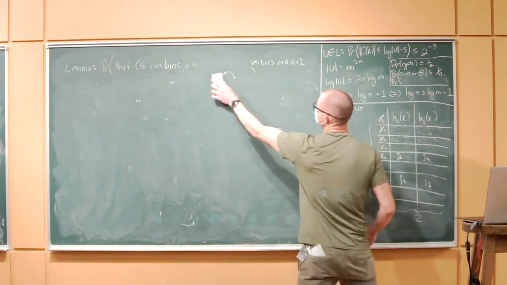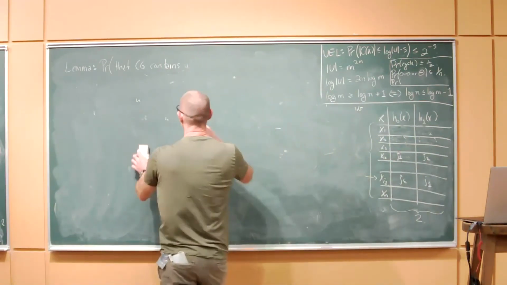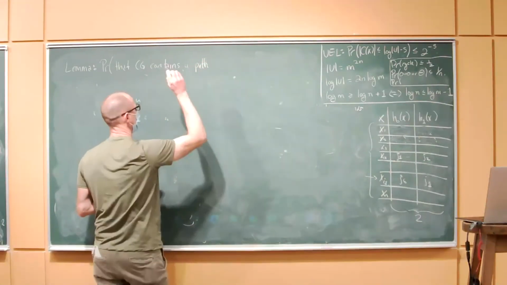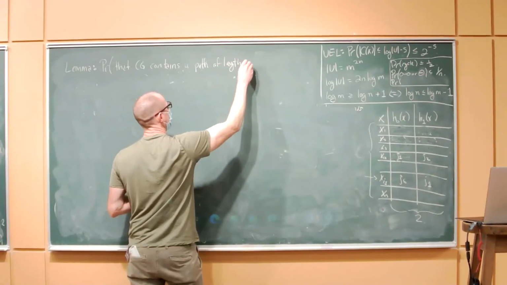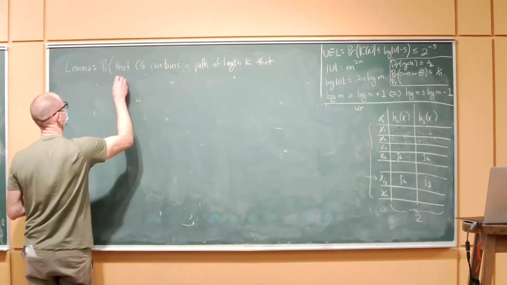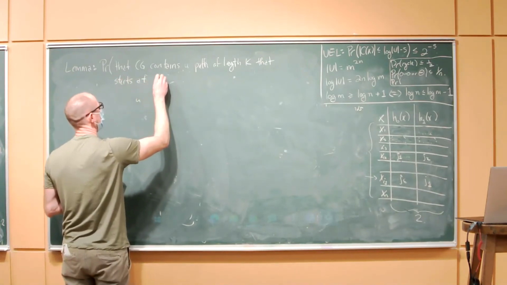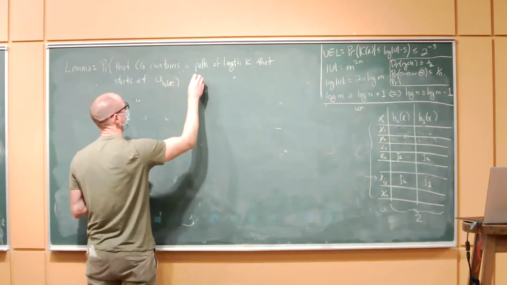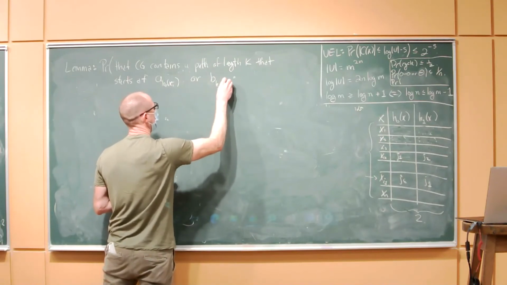I'm going to fix some value of i and ask about the probability that the Cuckoo graph contains a path of length k that starts at a sub h0 of xi or b sub h1 of xi.